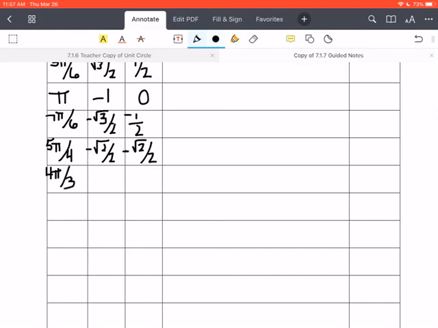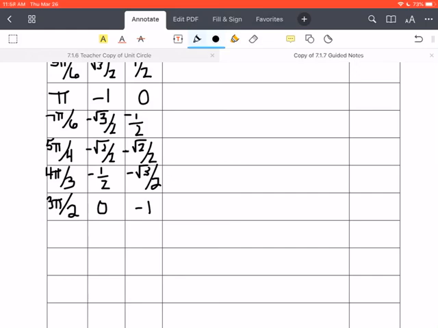Okay, then we're going to have short first and long second. And then, yay, we made it to 3 pi over 2, which is below on the y-axis, so we go over 0, down -1.